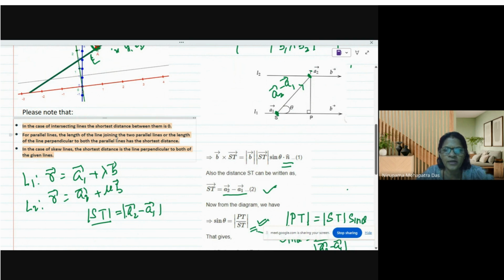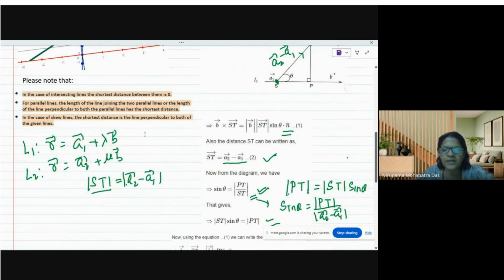In case the lines are intersecting, the shortest distance between them is 0, right? And in case of parallel lines, you can identify that lines are parallel, because when the lines are parallel, the direction ratios are proportional. Or you may see L1 can be like this and L2 can be like this.